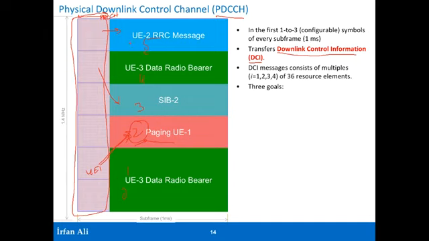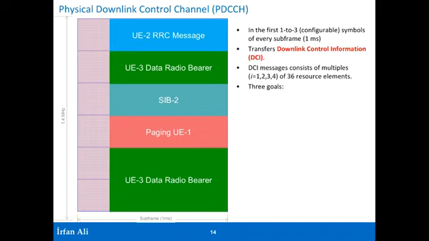When a UE2 comes in over here, he knows that this paging message is an RRC message. There are three goals of the messages which are here in the PDCCH.